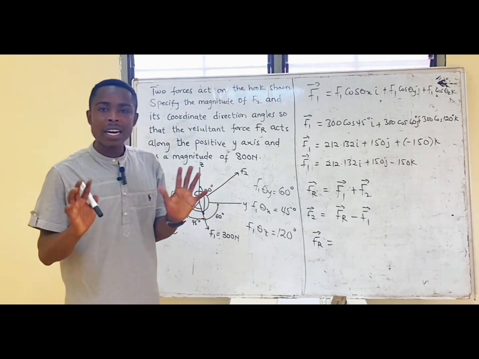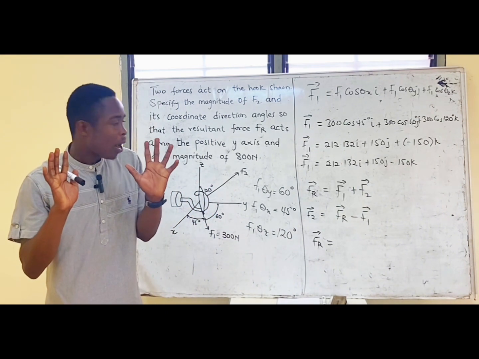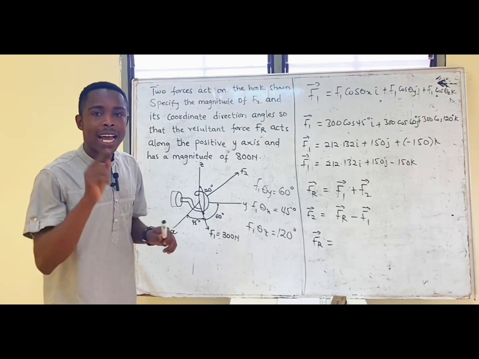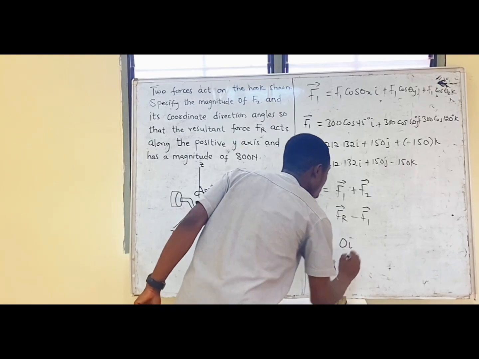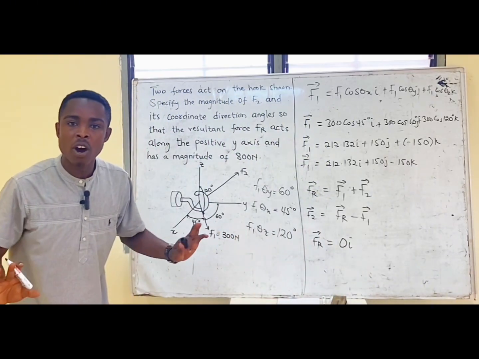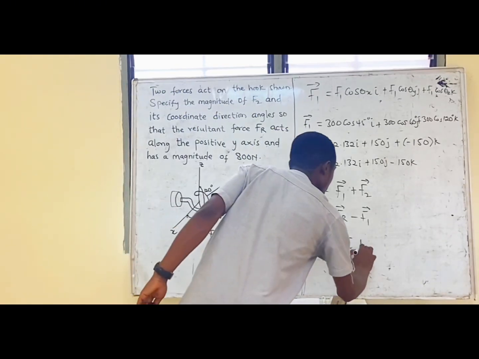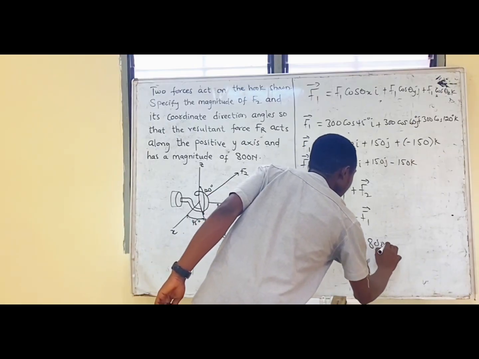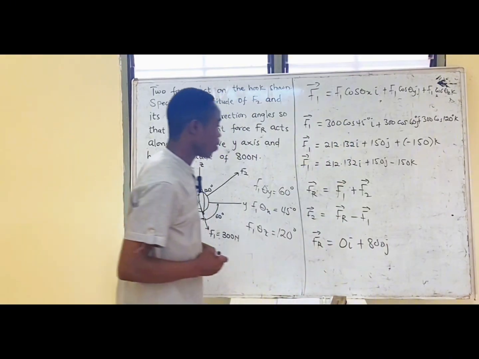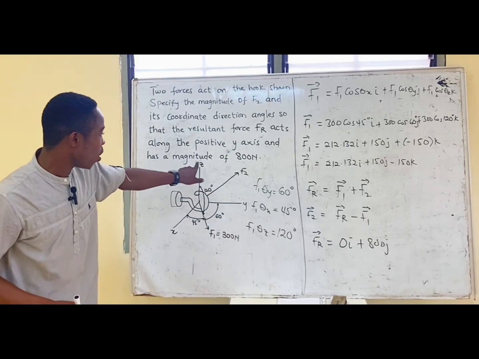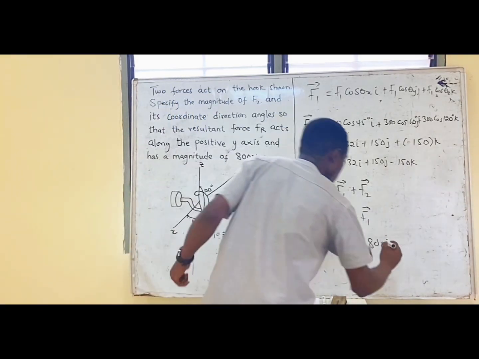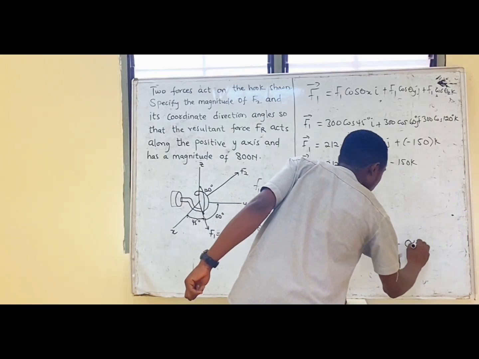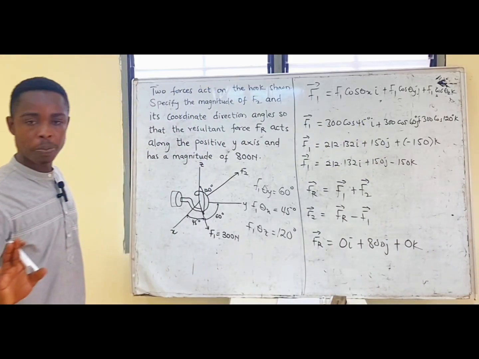That means the x component of the FR is 0 because FR acts only on the y-axis. The y component is 800 Newton j. So obviously the z component will also be equal to 0 k. Please, I hope you are with me.